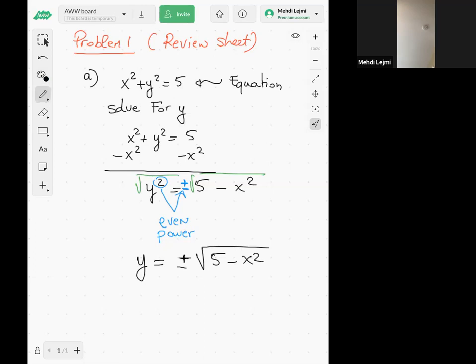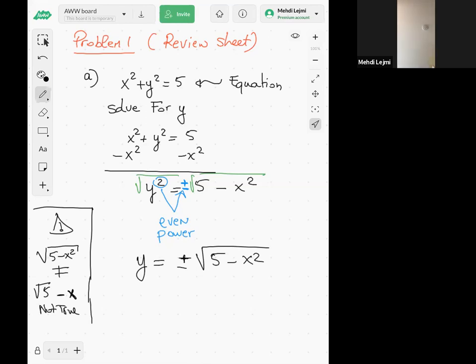Just be careful, guys, this is a common mistake. You cannot split the expression under the square root. So this is not equal to the square root of 5 minus x. That's not true. They're not equal.